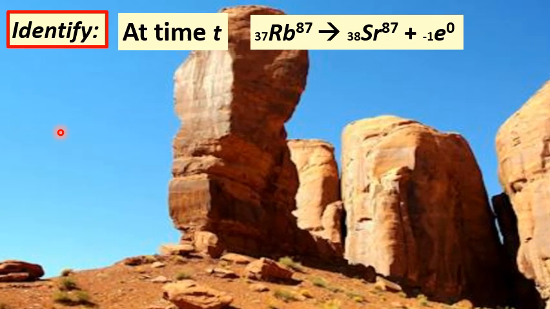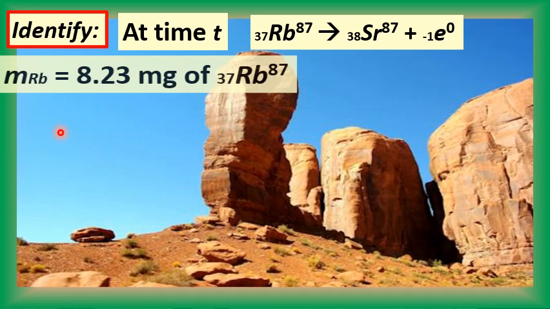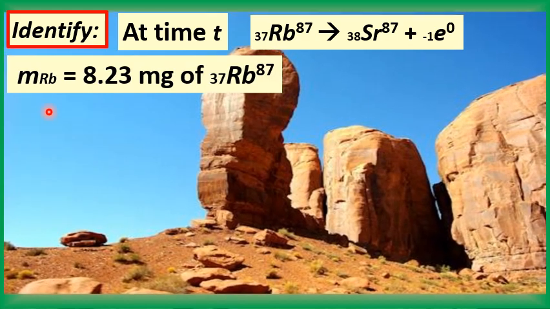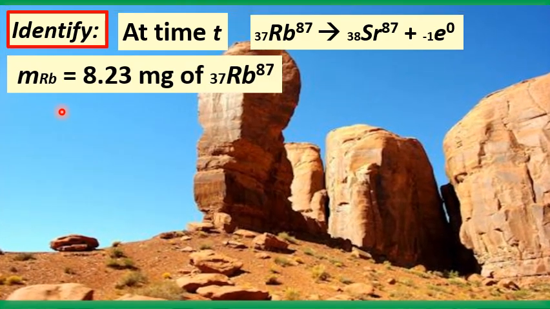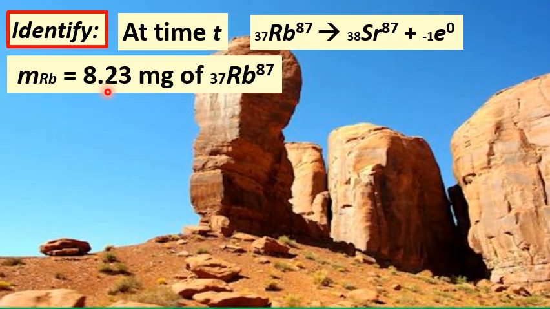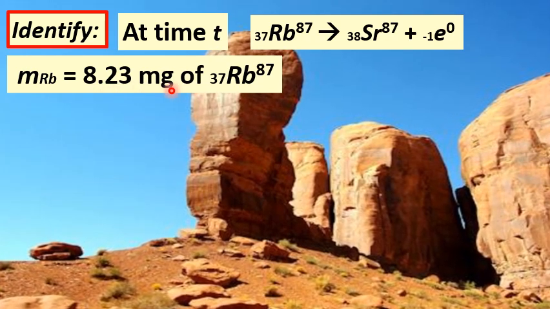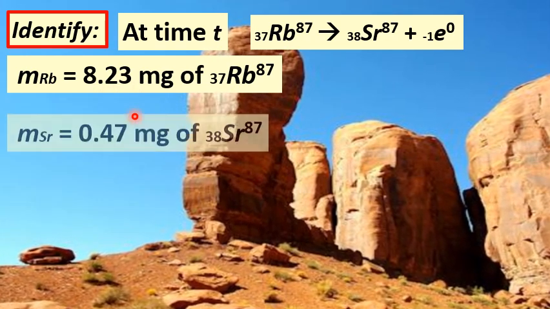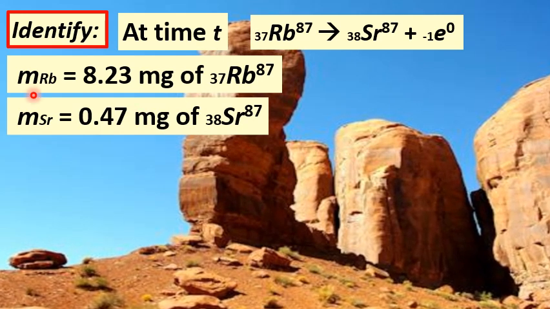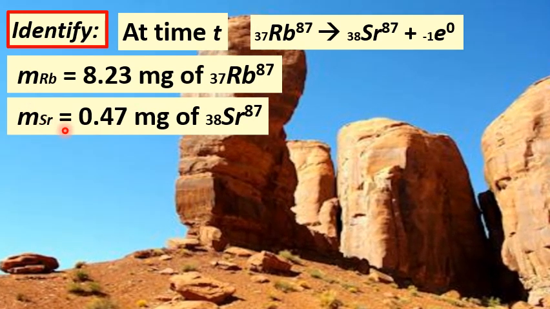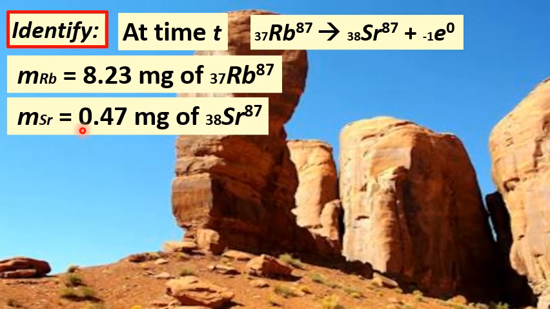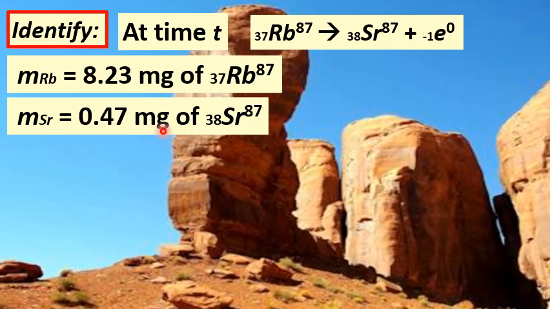at time t, we are given the mass of the isotope rubidium-87 equal to 8.23 milligrams, as well as the mass of the isotope strontium-87 equal to 0.47 milligrams.